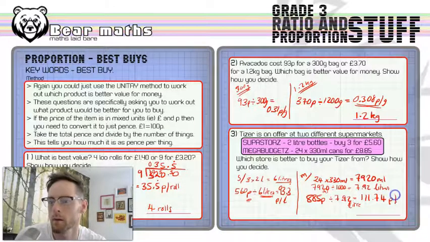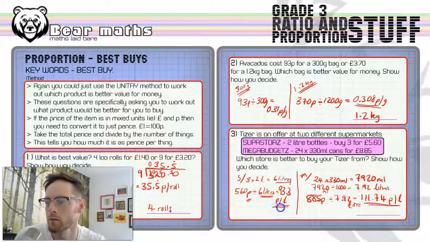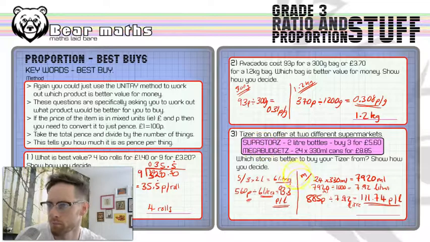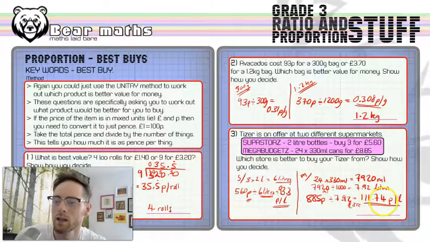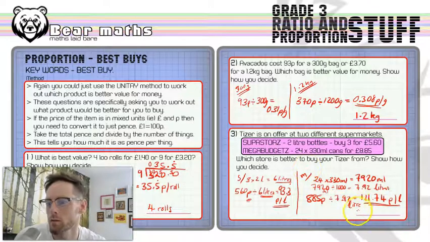That's pence per litre. So you can see that it would be much better value for you to go to Superstores to buy your Tizer, because it's 93.3 recurring pence per litre and it's 111.74p from Mega Budgets. So it's much better value to go to Superstores.